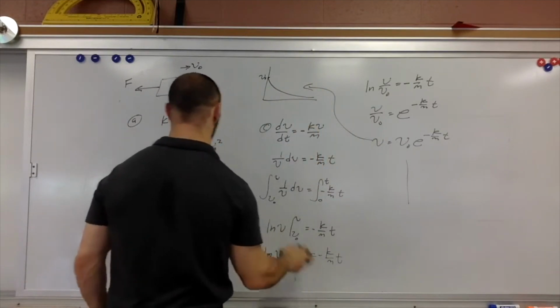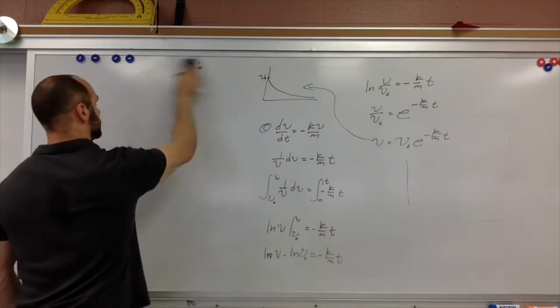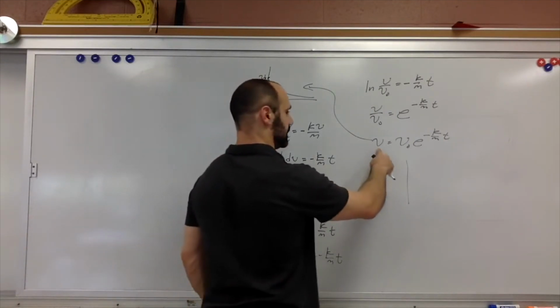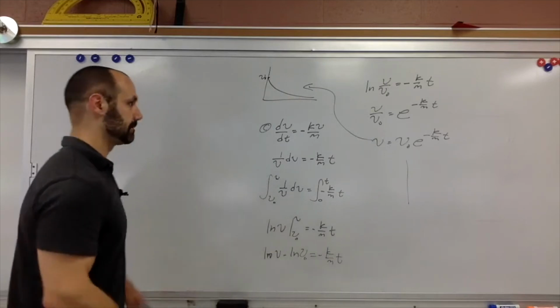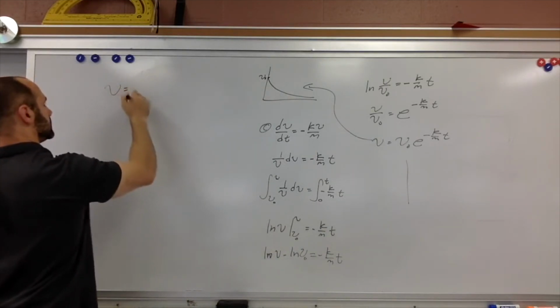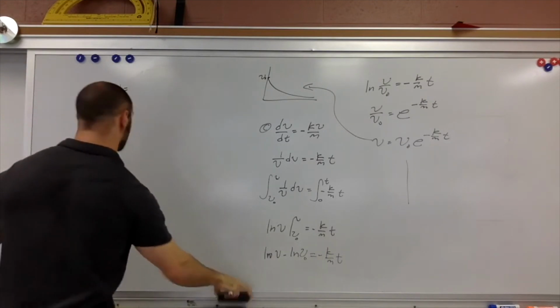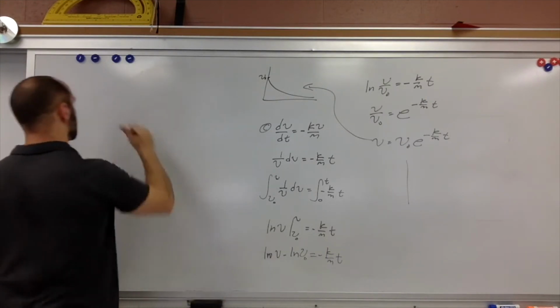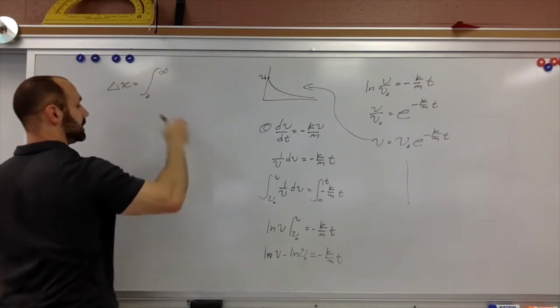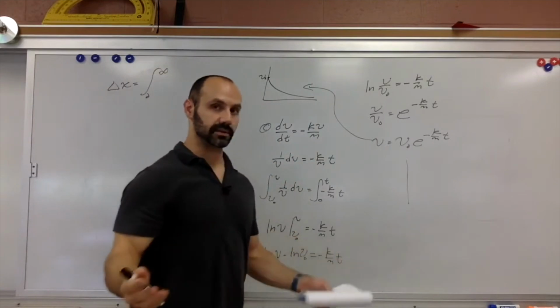I already drew it. And then the last part, we want to know the total distance that this goes. Okay, if I have a velocity function, how do I get displacement? Well, I get displacement by integrating. So the change in position, let's say delta x, is the integral from 0 to infinity. I have to go all the way out to infinity where this thing actually stops.